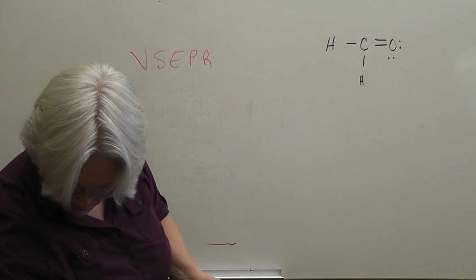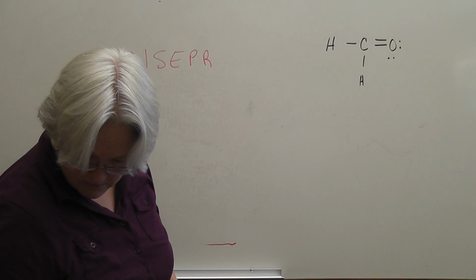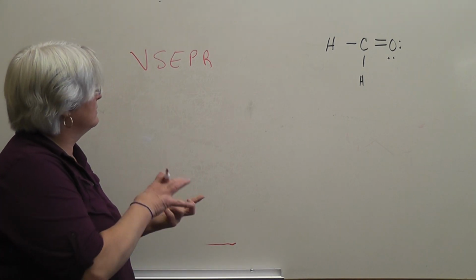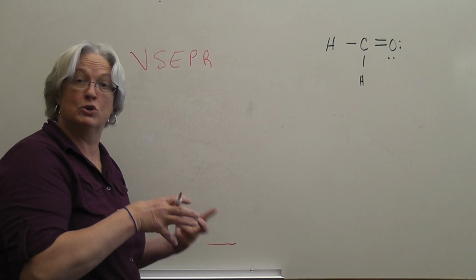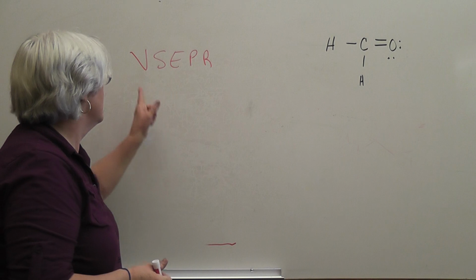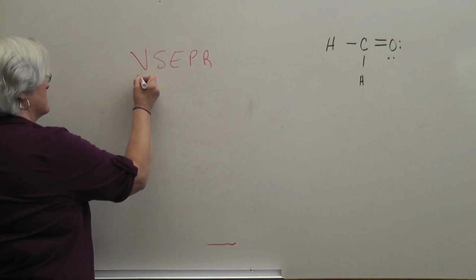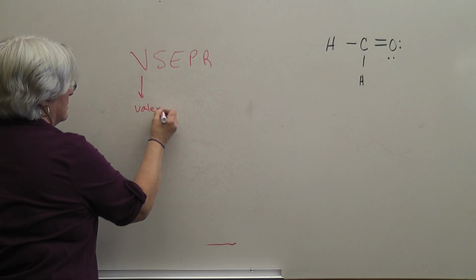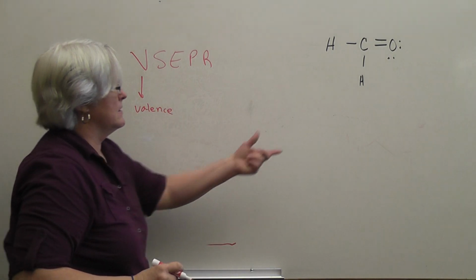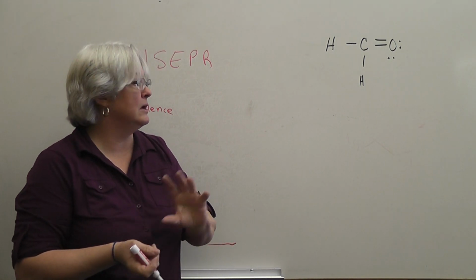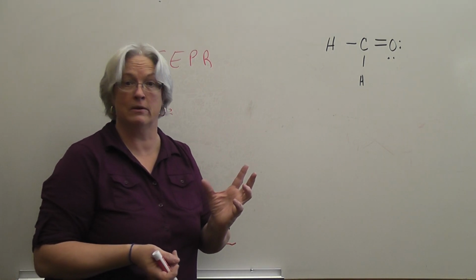So this VSEPR theory lets us predict what the three-dimensional shape of a molecule actually looks like. And it sort of makes sense. This is an easy acronym to learn. This is valence, because our Lewis structure is built based upon the number of valence electrons that each atom has.